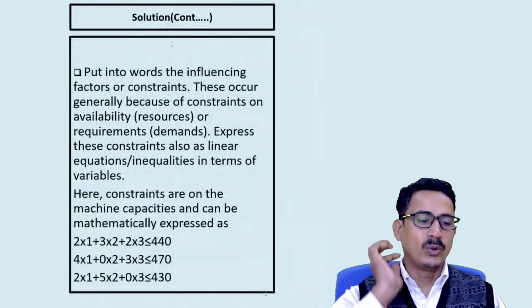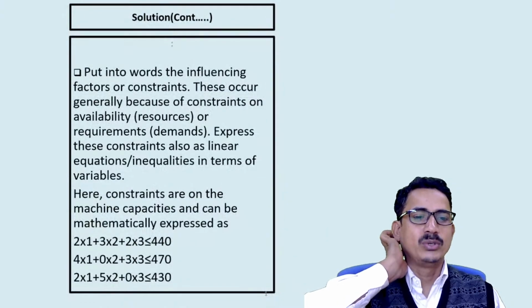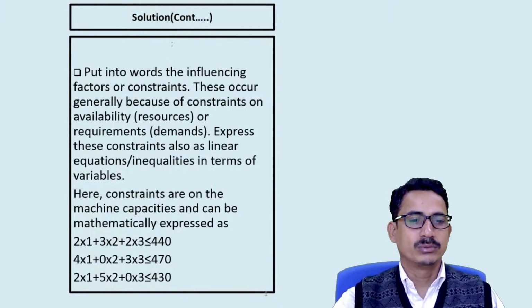Similarly, as you know, the constraints are always taken as Ax less than or equal to, greater than or equal to, equal to b. But here all 3 are less than or equal to. So this is not an equation, this is called an inequation. And you have taken it in this way. So from this also you can derive your A and your X. Here what is A? 2, 3, 2, then 4, 0, 3, then 2, 5, 0.